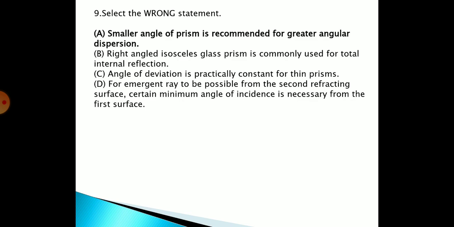And D, for emergent ray to be possible from the second refracting surface, a certain minimum angle of incidence is necessary from the first surface. From all these, the first statement is wrong, that is, smaller angle of prism is recommended for greater angular dispersion.